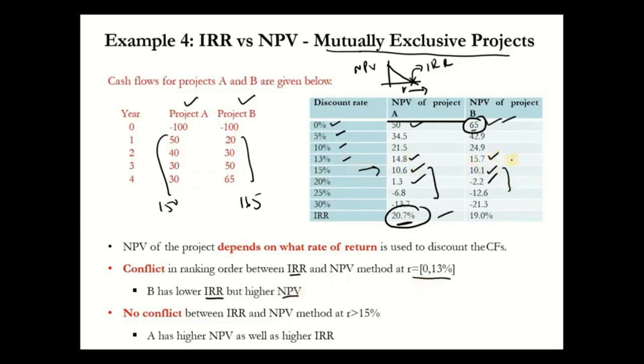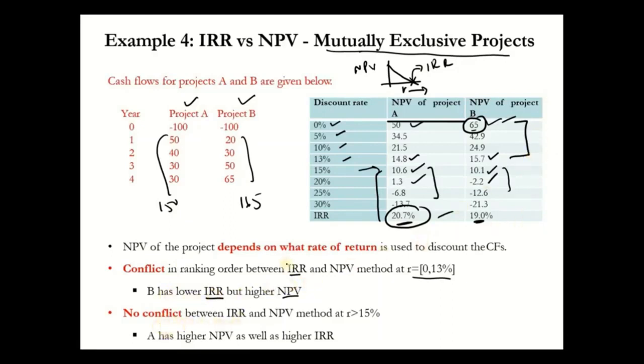Before 13% you see B has the higher NPV but lower IRR, but after 13% A has the higher NPV, right? And also the IRR is already higher, right? So conflict is B has lower IRR but higher NPV before 13%.